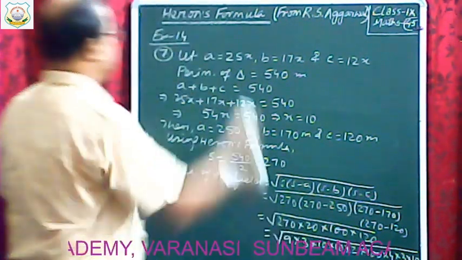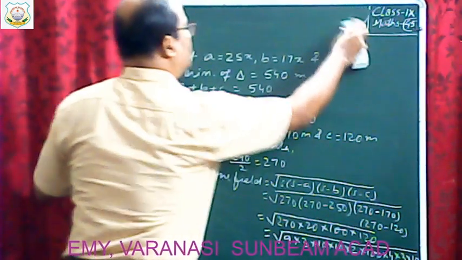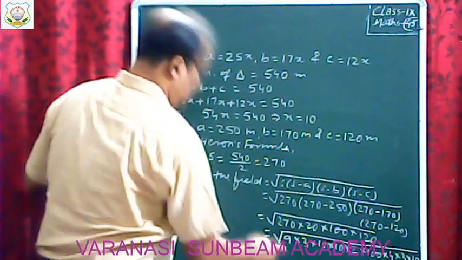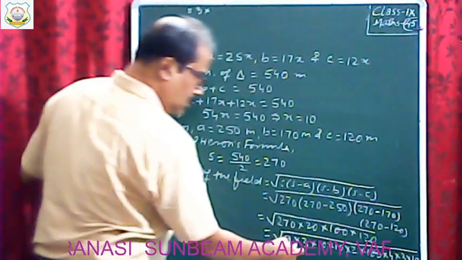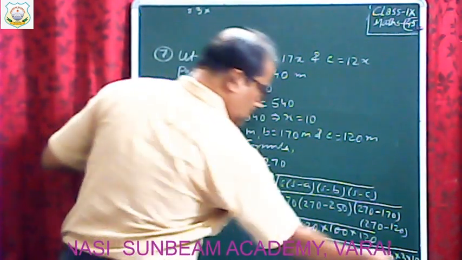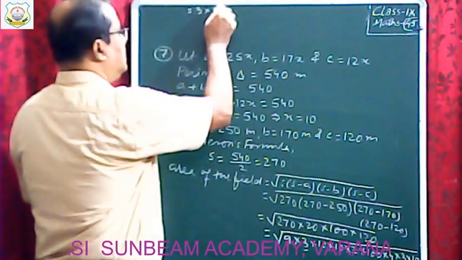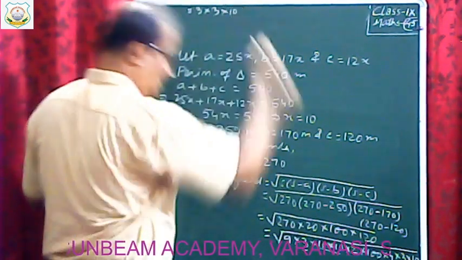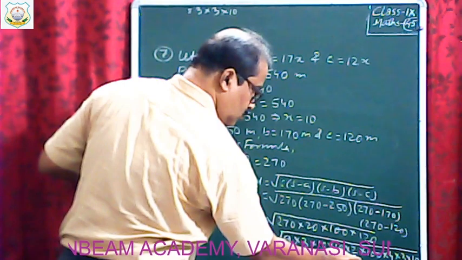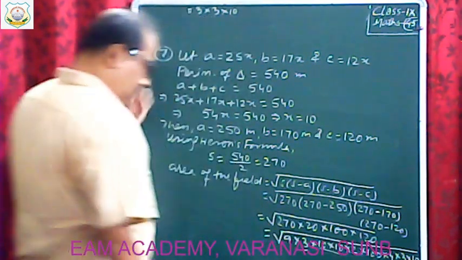And thereafter nine, 3 into 3 into 3, one pair of 3 we get, 10 into 10, then 2 left.